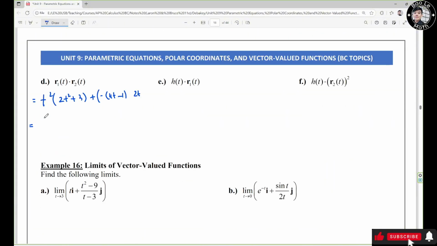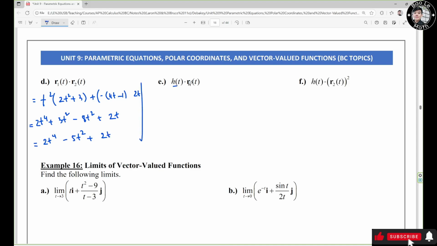So I'm going to distribute this one. It could be 2t power 4 plus 3t squared minus 8t squared plus 2t. So I'm going to simplify. This could be 2t power 4 minus 5t squared plus 2t, right?